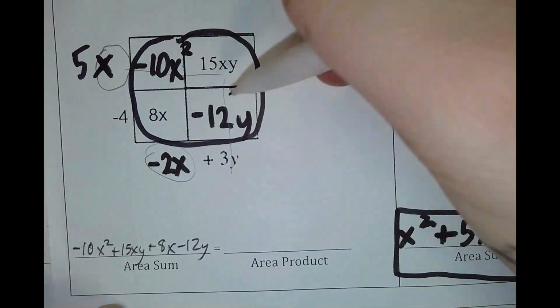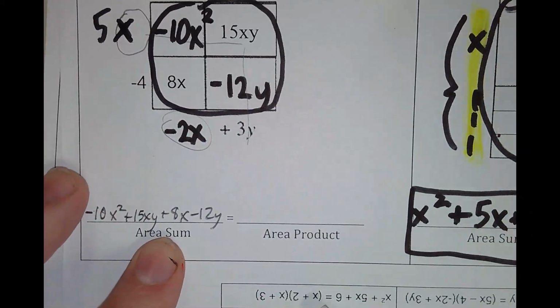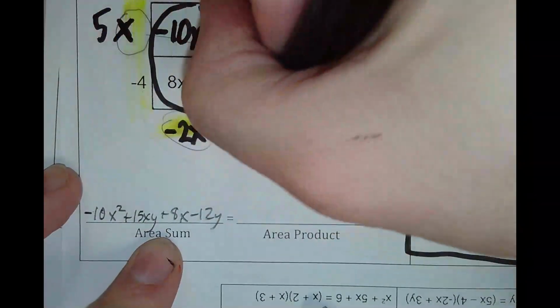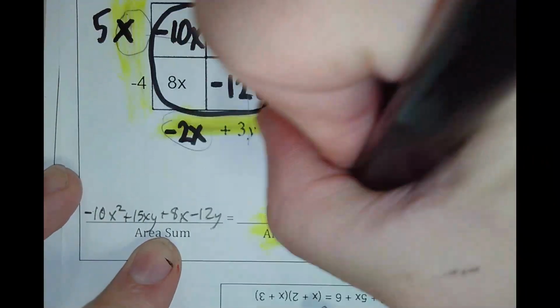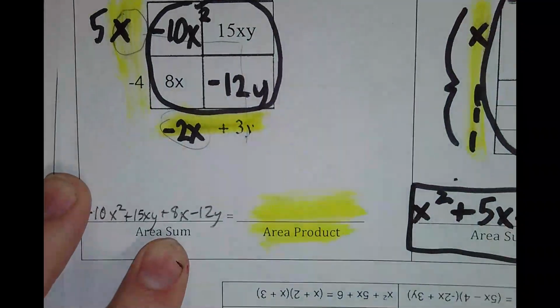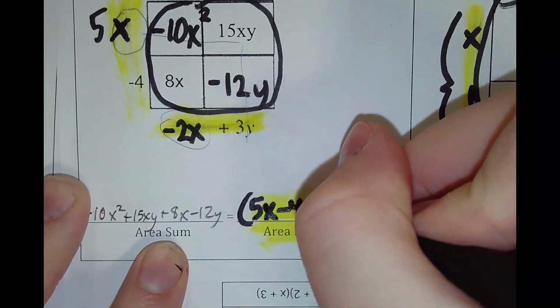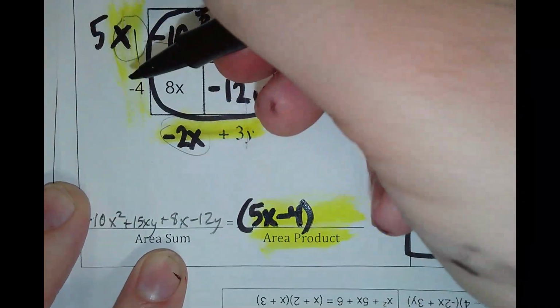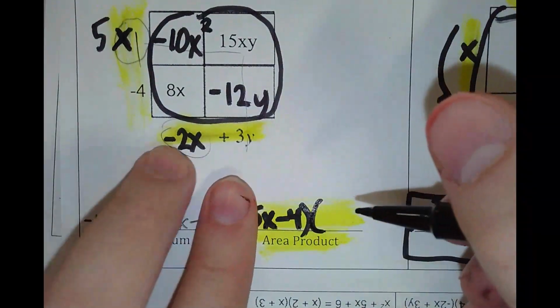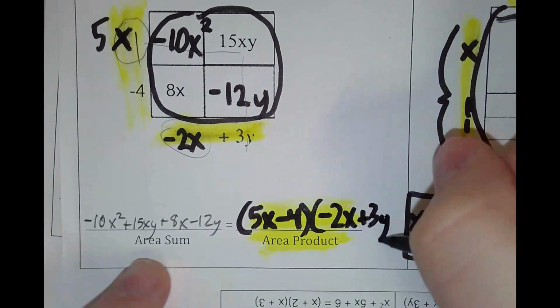All of these terms cannot be added together. And finally, length times width is the product. So you can write it in any order. That would be 5x minus 4, shown there. And this one was weird. It did have a negative here, but it's going to be negative 2x plus 3y.